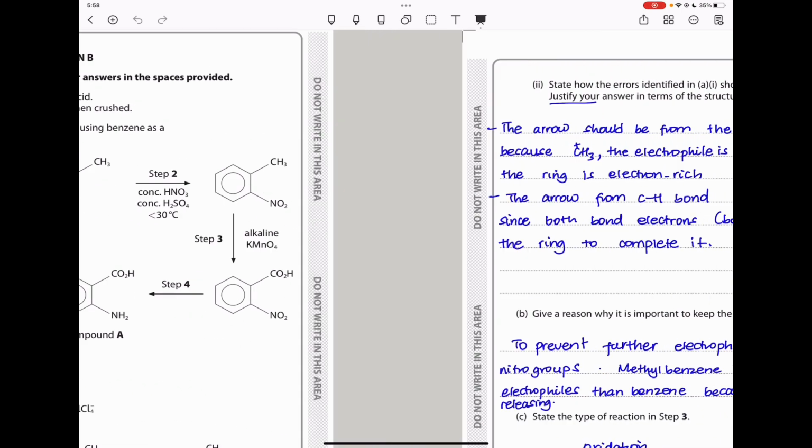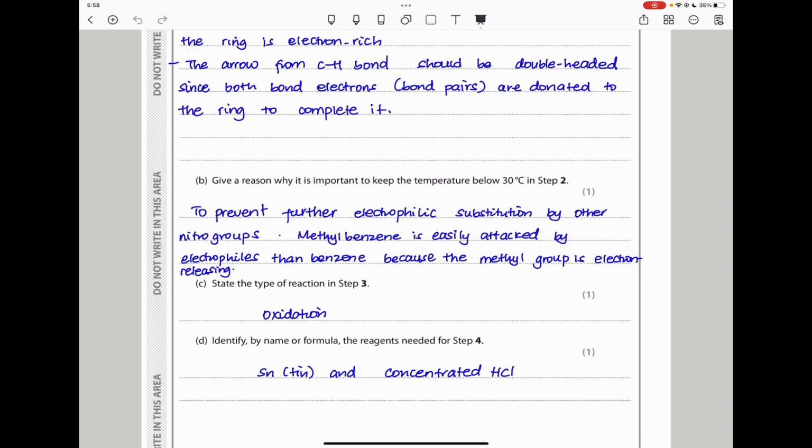So let's go back, we see my answer. I said, to prevent further electrophilic substitutions by other nitro groups, the methylbenzene is easily attacked by electrophiles than benzene because the methyl group on the methylbenzene is electron releasing, or you would say is electron donating.